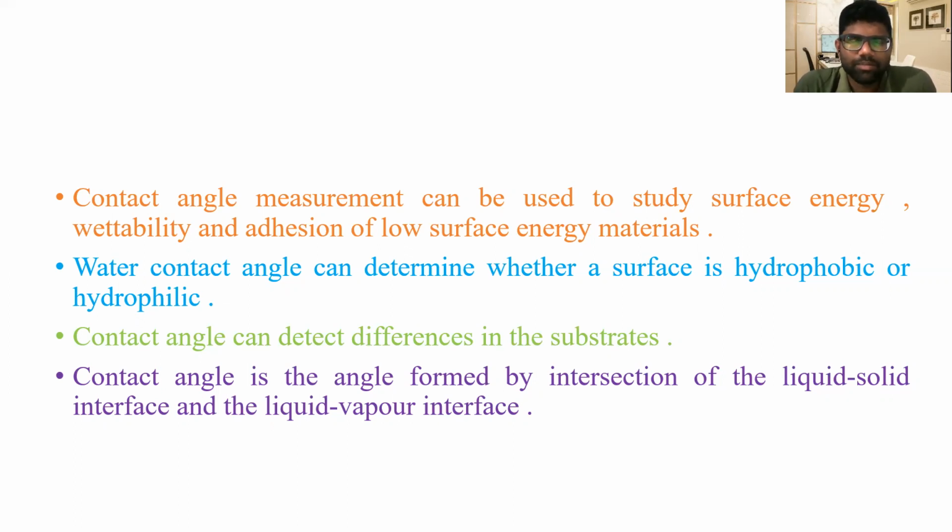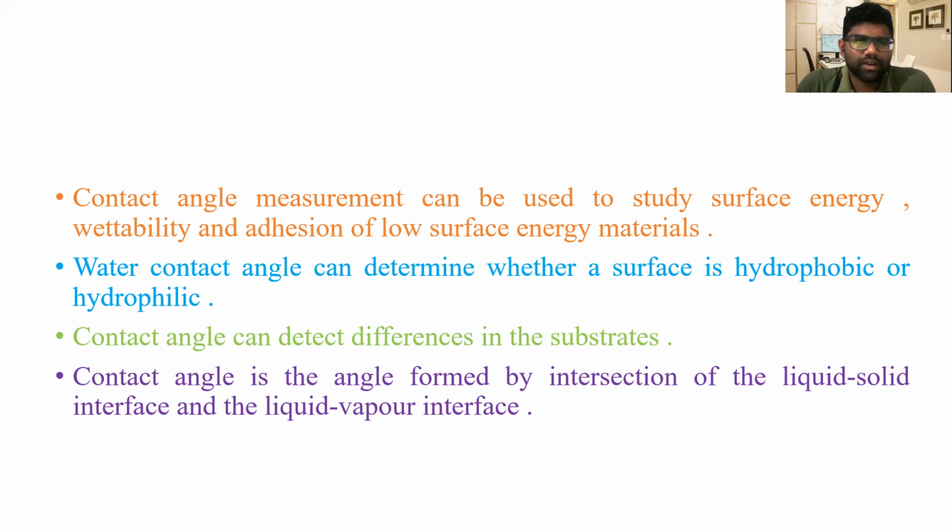Now suppose we find the water contact angle. In that case, we place a water droplet on the surface and find the water contact angle, and that can determine whether the surface is hydrophobic or hydrophilic. In case the surface is hydrophobic, it will repel the water, whereas a hydrophilic surface is one which absorbs water easily.